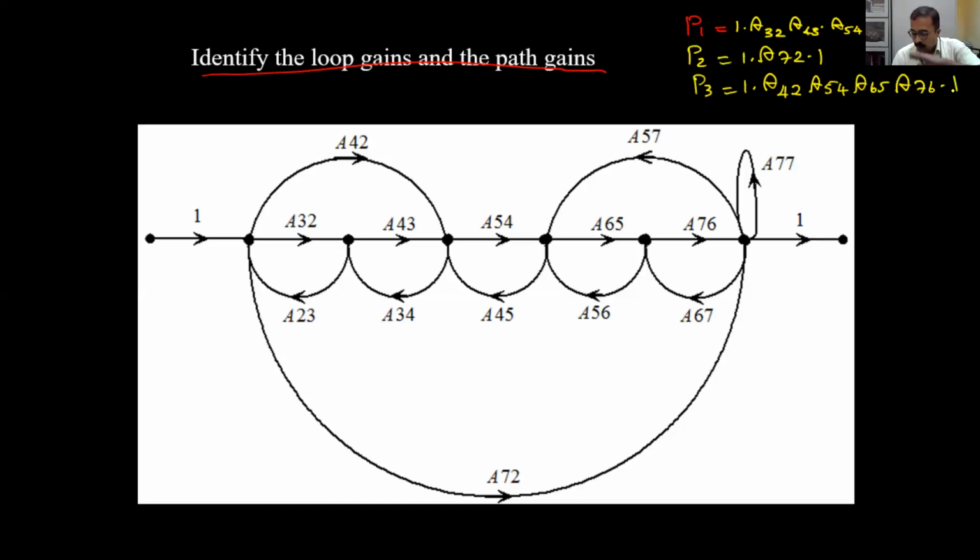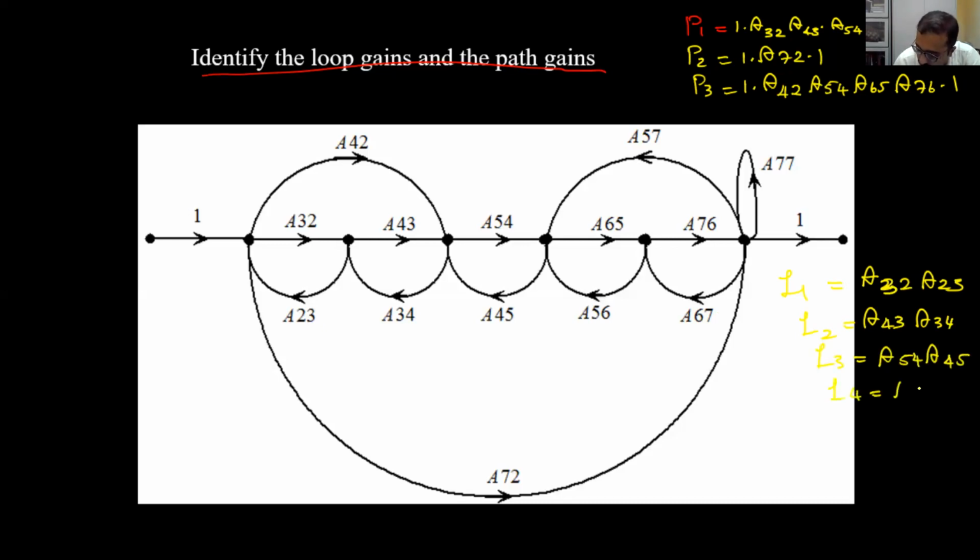Now let us try to identify the loop gains. L1. What is the first loop gain? A32, A23. L2. What is that? A43, A34. L3. What will you get? A54, A45.